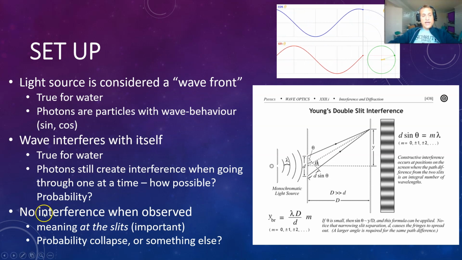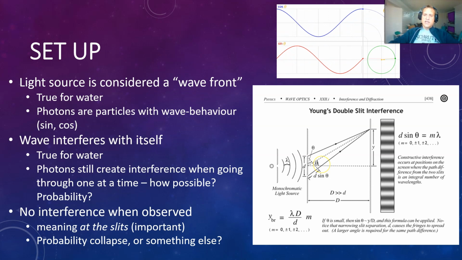This is important. You get no interference when observed. So if you have an observer at the slits, and this is for electrons because you can't really observe a photon going through the slits, but you can detect if an electron is going through the slits. So if you observe the electrons going through the slits, the wave interference pattern disappears, and that's where they get the idea that observation seems to change the results, and they're so confused by that.